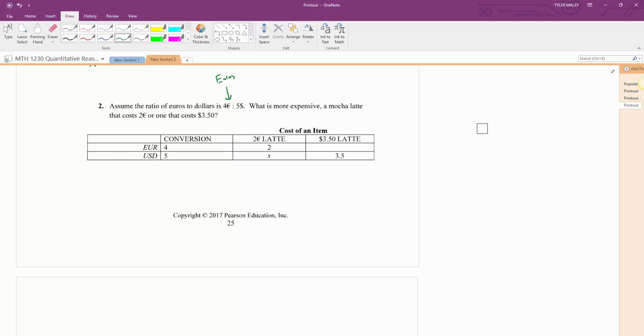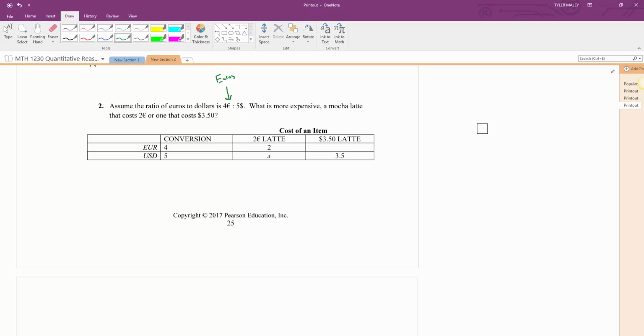So I've personally never traveled out of the country, but I know people that have, and my understanding is when you travel out of the country, you can typically pay for something in euros or in US dollars, right? From what I'm hearing, a lot of countries will accept US dollars, but they have different prices for each. So this might be helpful to know which one would be a better deal.